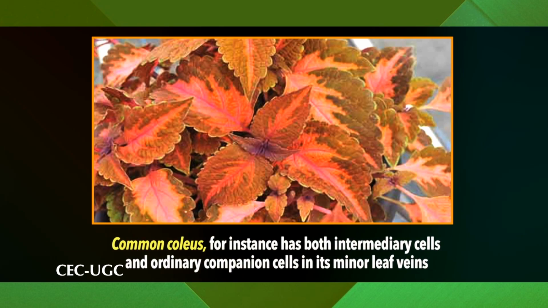Most of these species are known to have more than one type of companion cell in their minor veins. Common Coleus, for instance, has both intermediary cells and ordinary companion cells in its minor leaf veins.